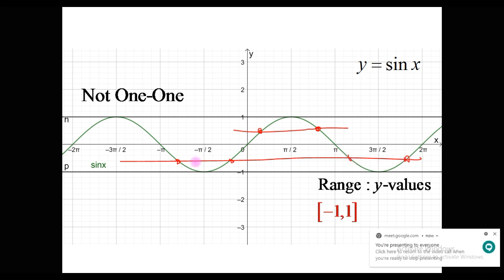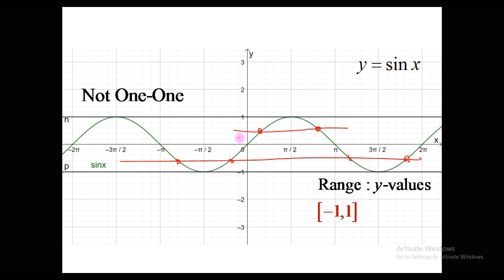Our condition is that it should intersect the graph at only 1 point, but this horizontal line is intersecting the graph at more than 1 point. So this is not a 1-1 function, but still I need to find the inverse of sine.